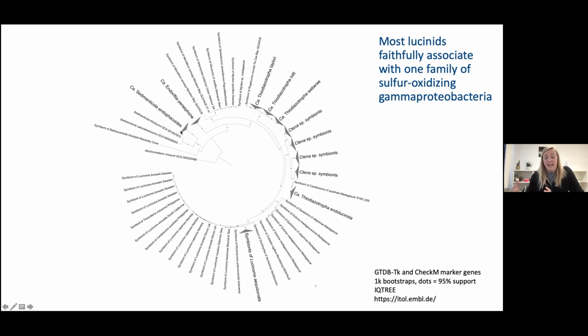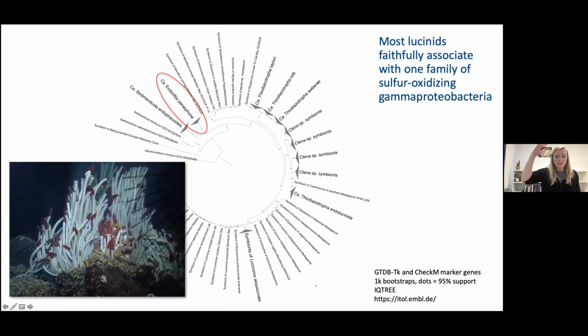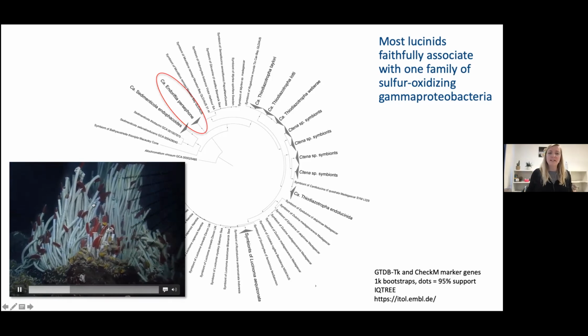So this is really an ancient symbiosis that's diversified over many, many years. It's interesting that the closest symbiotic relative comes from the deep sea. You might know of the animal Riftia pachyptila. It's this enormous tube worm that's found at hydrothermal vents.